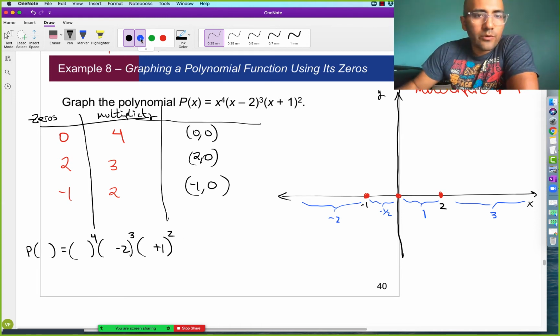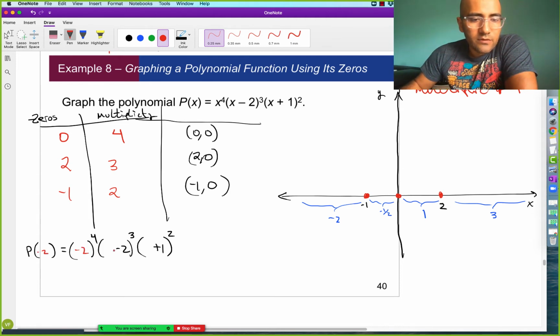The first one we want to work with is this -2, so -2, -2, -2. That's going to work out to be -2 to the power of 4, that's 2, 4, 8, 16, +16, times -4 to the power of 3, that's going to be -64. And this is going to be -1 to the power of 2, that's just going to be +1.